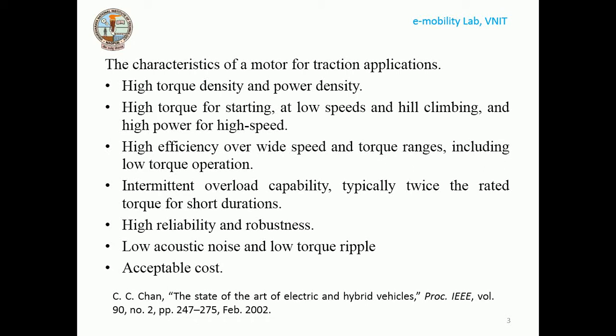Then we should have wide efficiency over the wide torque-speed range, that is in the constant torque zone as well as the flux weakening zone. Then intermediate overload capacity, typically twice the rated torque. This is highly essential in case of hill climbing.